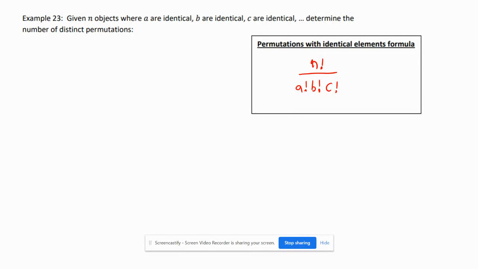Okay. So I'm just going to add an example over here. How many permutations using the letters of this, my name, Pete.